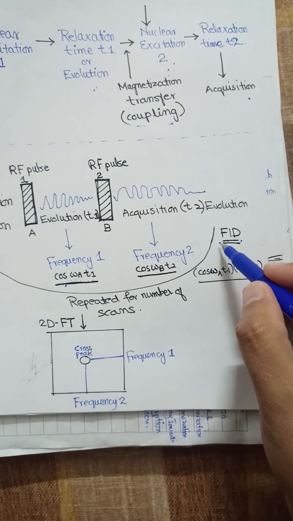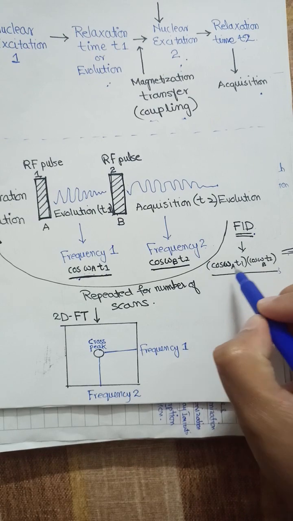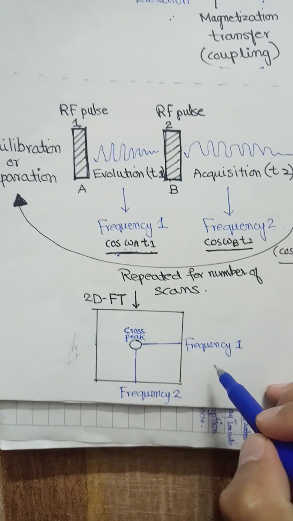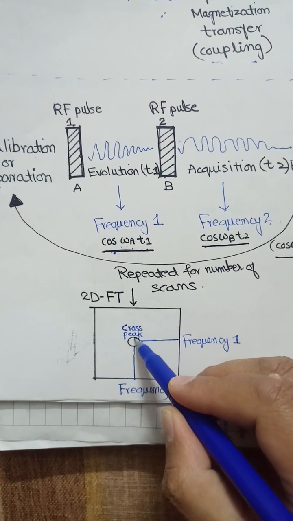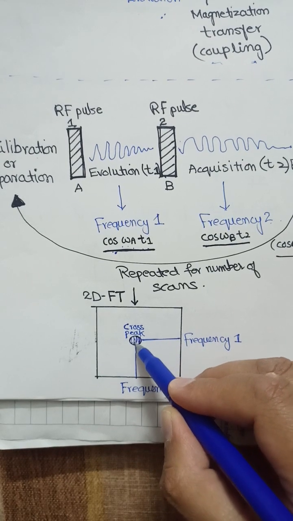After this, the FID is the product of frequency 1 and frequency 2. In this way we get our graph that gives us peaks, which are the product of frequency 1 and frequency 2.